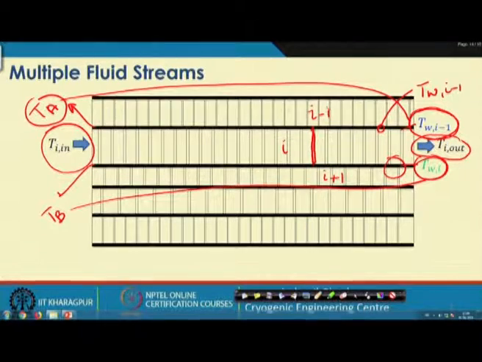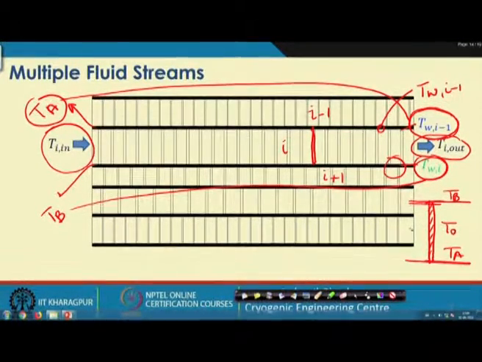So, now we have seen that if we solve that basic fin equation, where the walls are at T B and T A, we find the heat transfer equation for this fin joining these two parallel separating plates, with the fluid flowing on top of it at a temperature T 0.